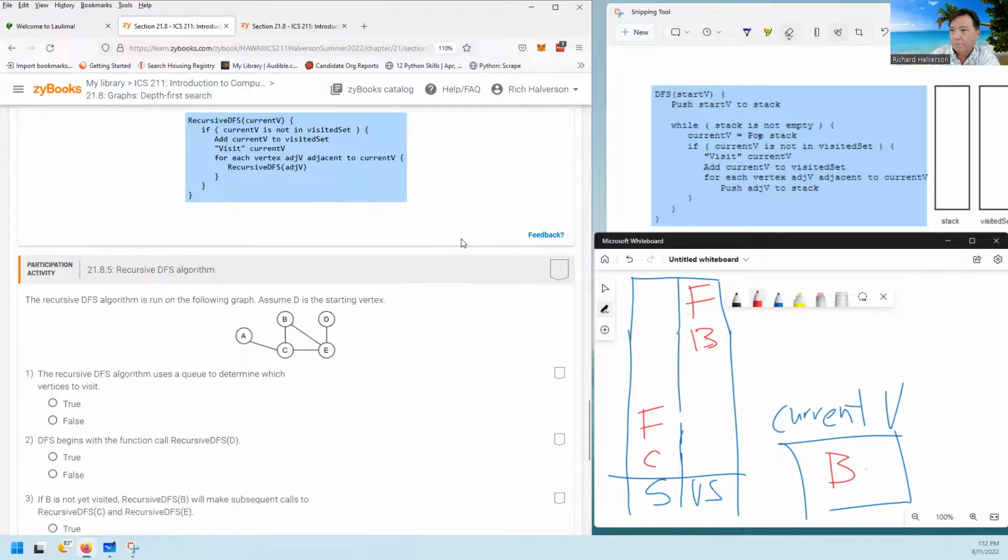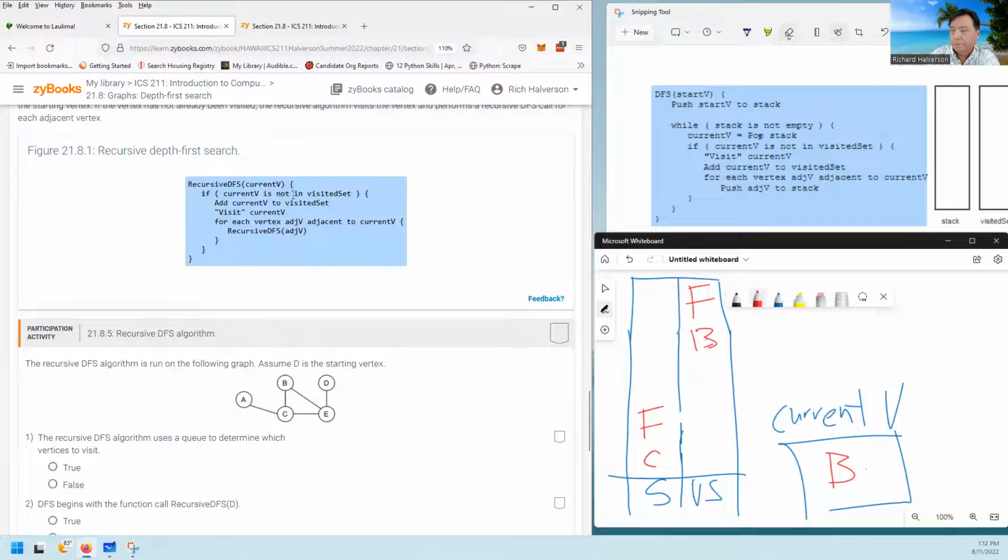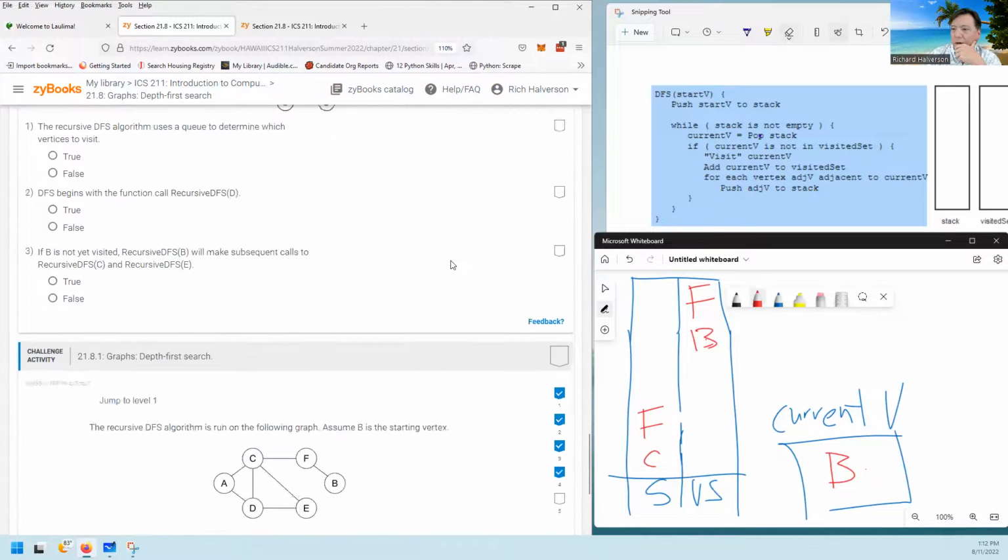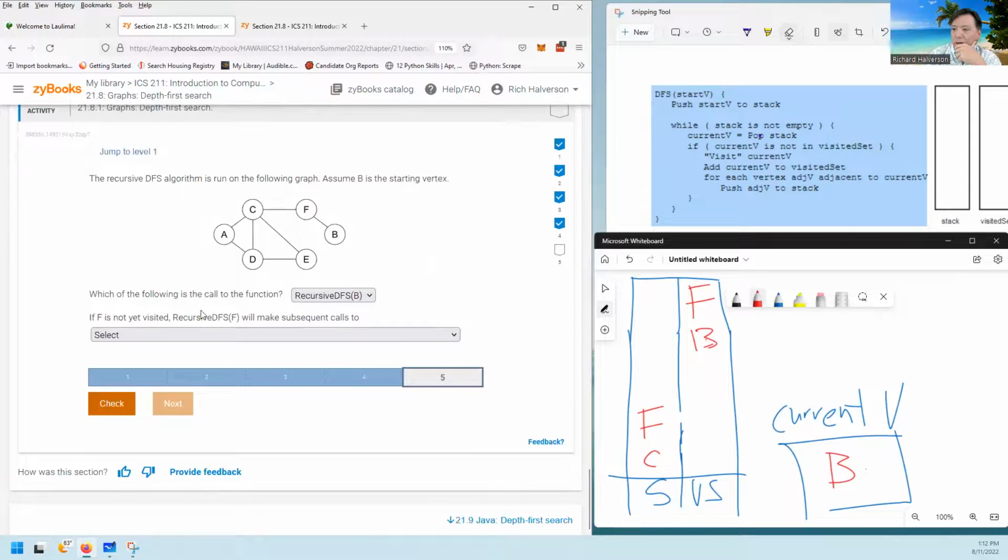It's going to call for each vertex adjacent to something that's going to call it. So when we call this, it's going to call it on both B and C, because it calls both of them.